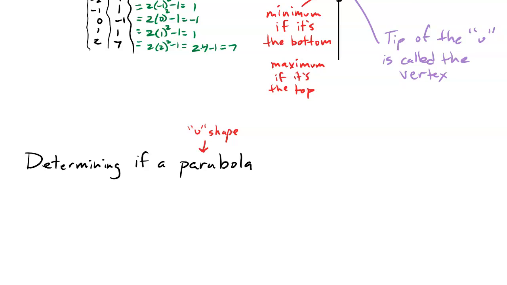So the parabola is like the technical name. So determining if a parabola opens up or down. A parabola opening up is a U. A parabola opening down is an upside down U.